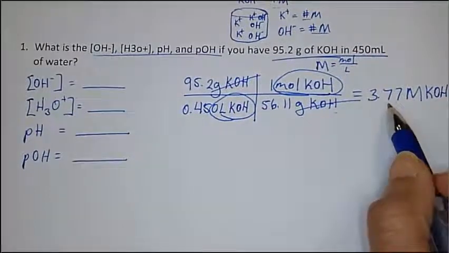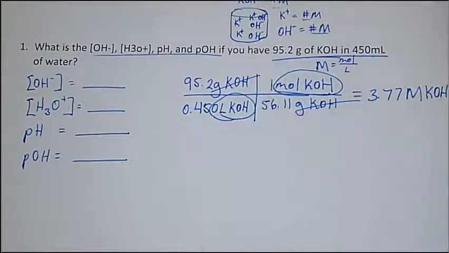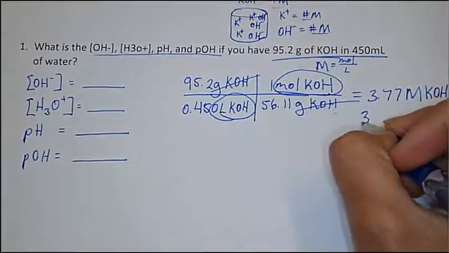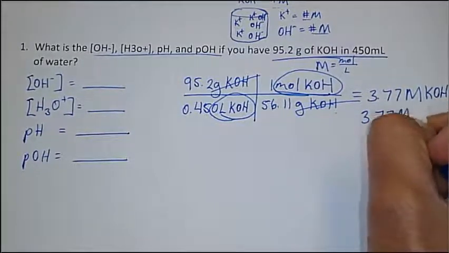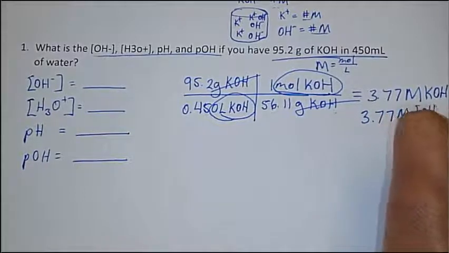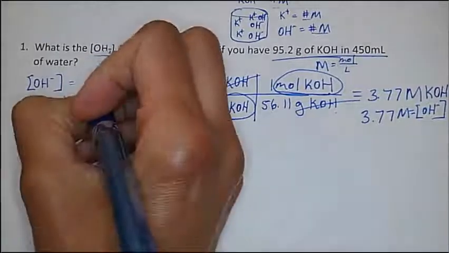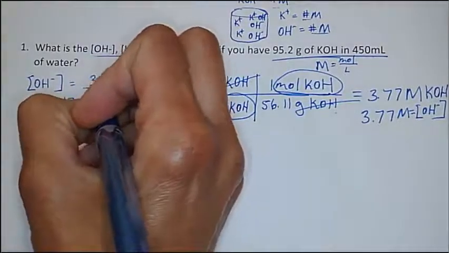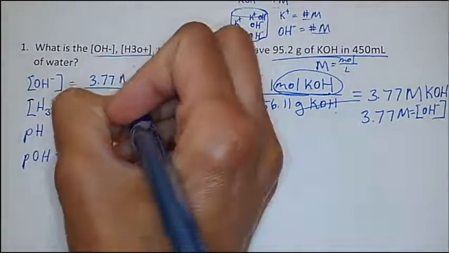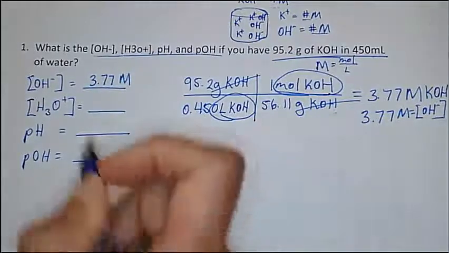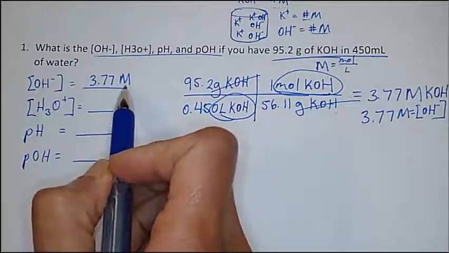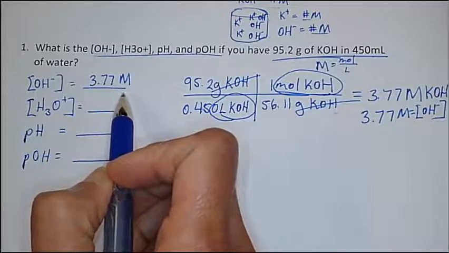But understand that this is 100% dissociation because it is a strong base. So what's going to happen is that this is also the molarity of your hydroxide, okay? So that's your molarity of your hydroxide. So we're going to write that here, 3.77 molarity. Because you are talking about concentration, you need to write molarity, you need to write your units.